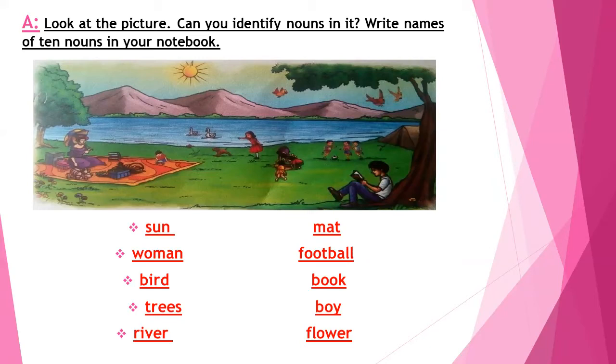Now move on to your next exercise, exercise A. Look at the picture. Can you identify nouns in it? Write names of 10 nouns in your notebook. Look at the picture and tell me which are nouns here.